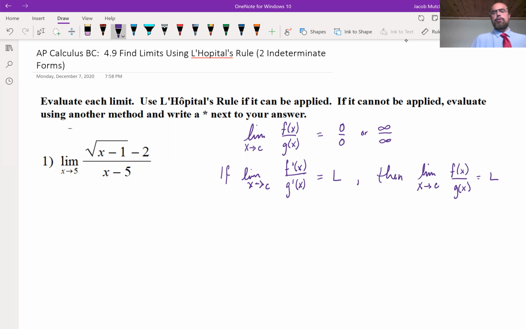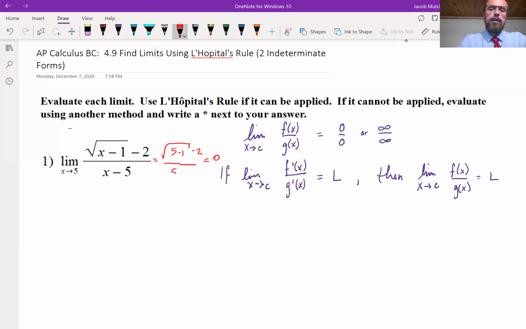First of all, we have to determine whether or not I'm going to get an indeterminate form when I do direct substitution. So that's my first step. So here I'm going to plug in 5 for x, and I see I got square root 5 minus 1 minus 2. So overall, that's going to be square root of 4, which is 2 minus 2. That numerator is going to be 0.